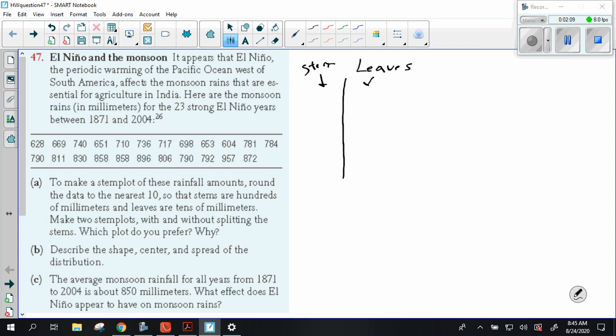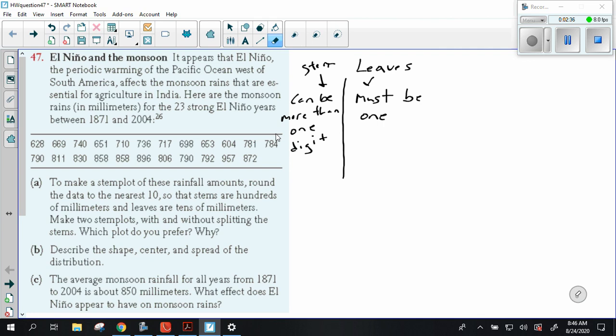The stem can be more than one digit. Well, the leaf must be one digit. Leaves are always one digit. Let's give an example of that right now.